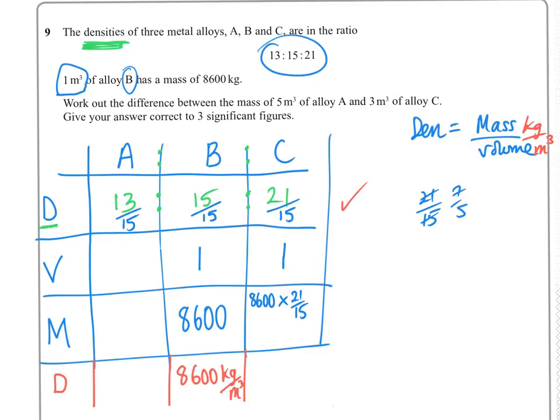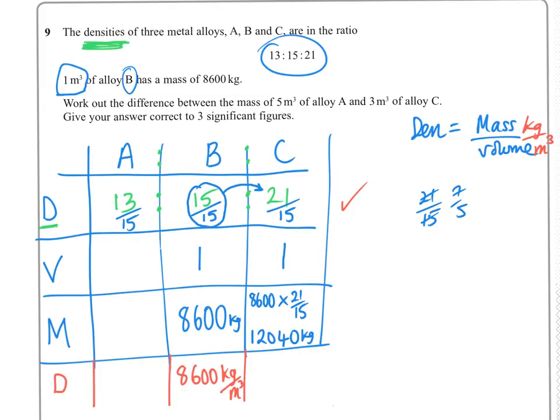And the reason that's important is because this tells you what 1 unit is going to be, and it shows you what I have to do to 1 unit to get to the density of alloy C. So what mass do we get? 8,600 times 21 divided by 15 gives me 12,040 kilograms.